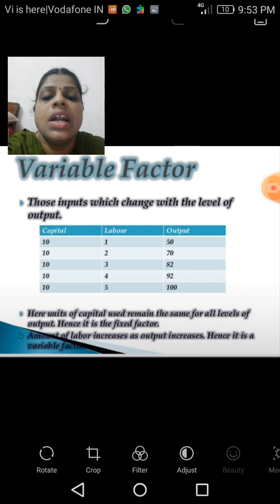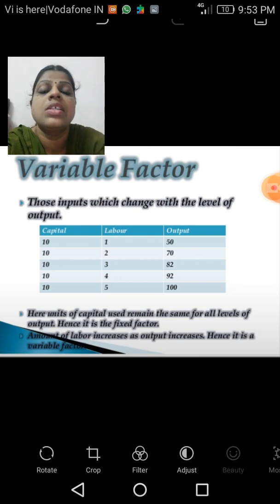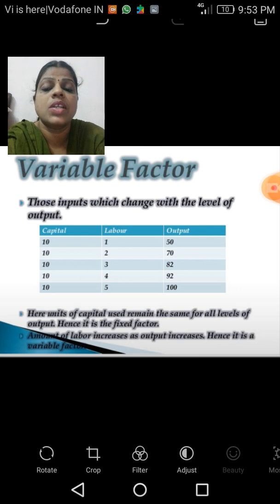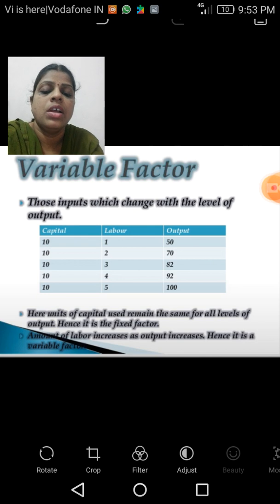Yes, that is capital. And what is the variable factor? That is the labor. By combining this fixed as well as the variable factor, we have produced the final outputs. So these are the different factors that we have combined.